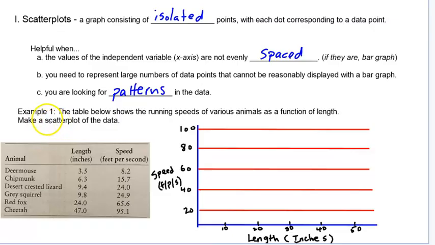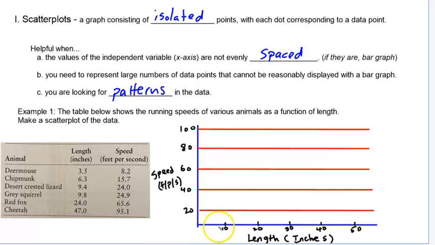Alright, so our first example here, we have a table, and you'll do the same thing on your assignment. You'll sketch out basically quadrant 1 of the XY coordinate plane, and come up with an interval to separate the values on each axis.